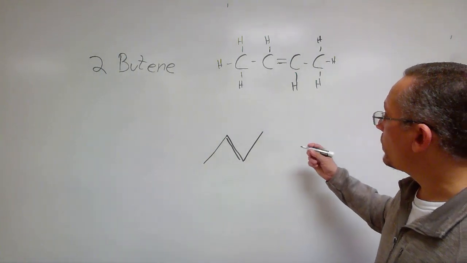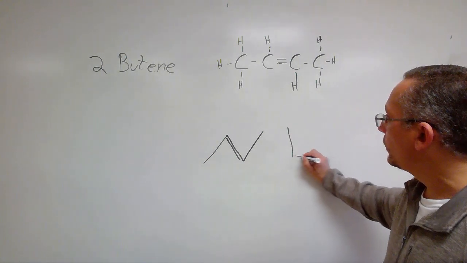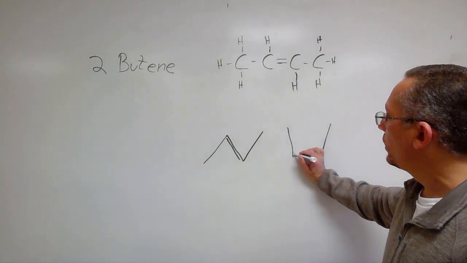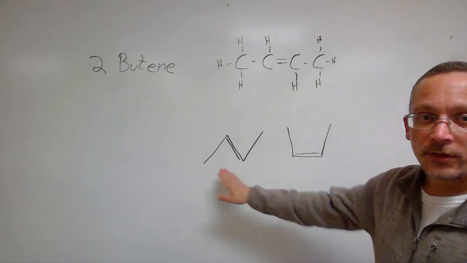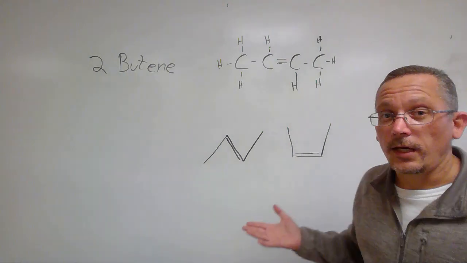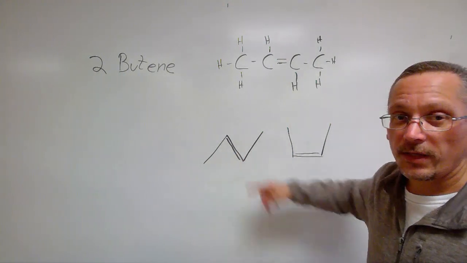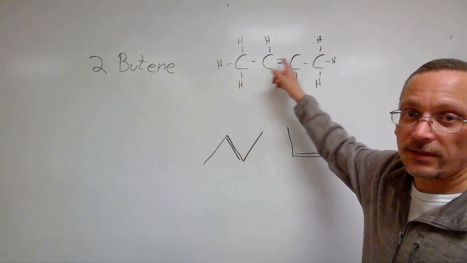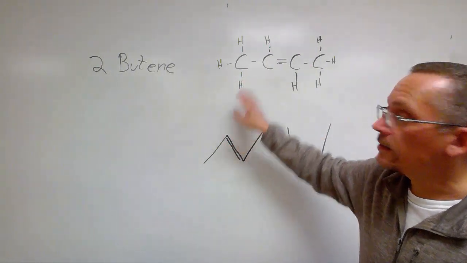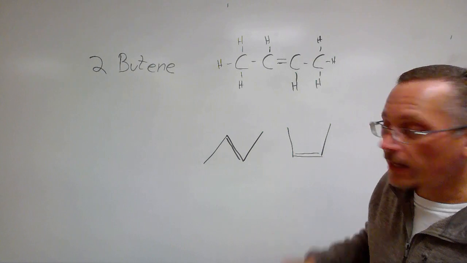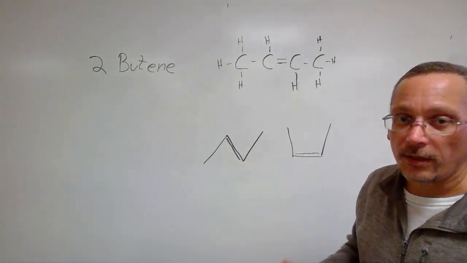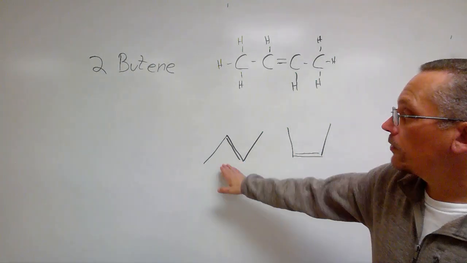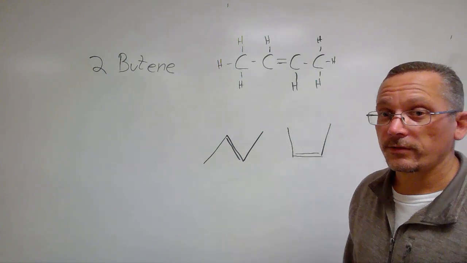You might choose to draw this 1, 2, 3, and make this a double line. These two are the same thing, right? The angles that they meet at don't mean anything, right? It's just the number of lines indicates the number of bonds, the number of ends is the number of carbon atoms, and it shows you where there's a double or a triple bond, right? So either one of these would be an acceptable answer for that.